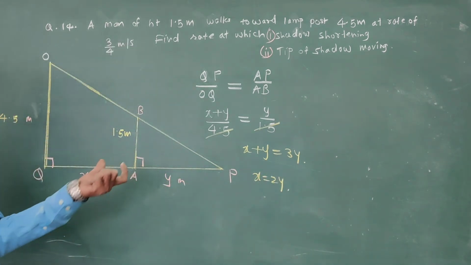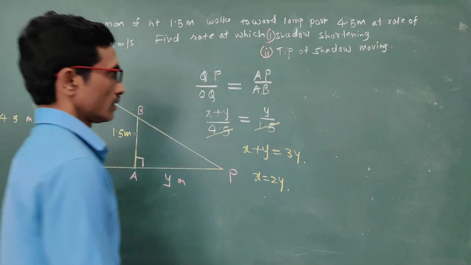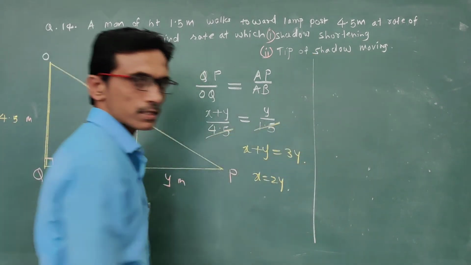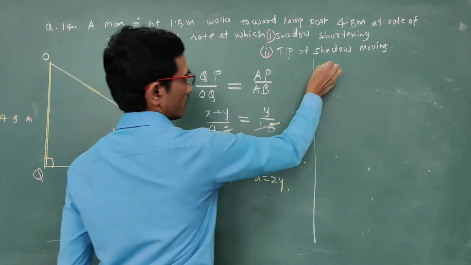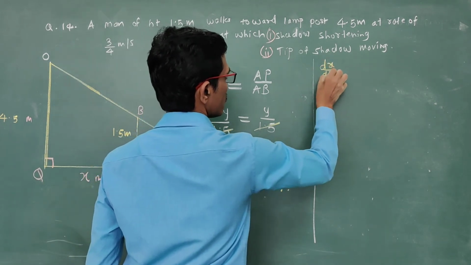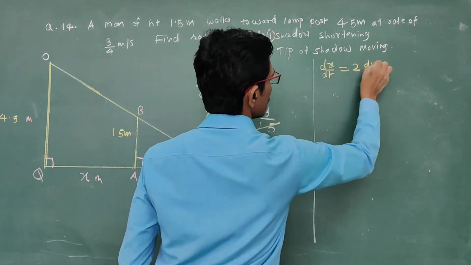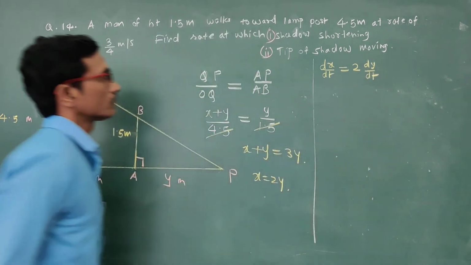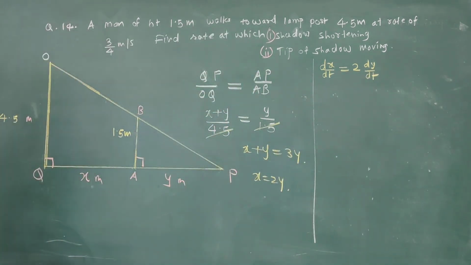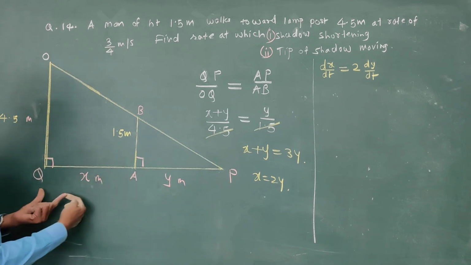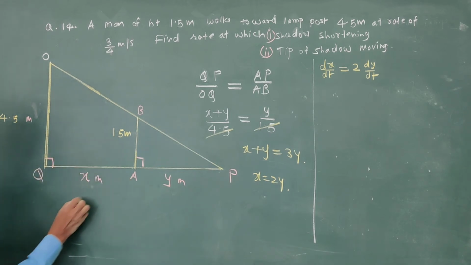Now we differentiate both sides with respect to t. We will get dx by dt is equal to 2 times dy by dt. So what is the rate at which the man is walking toward the lamp post? That means dx by dt is given.